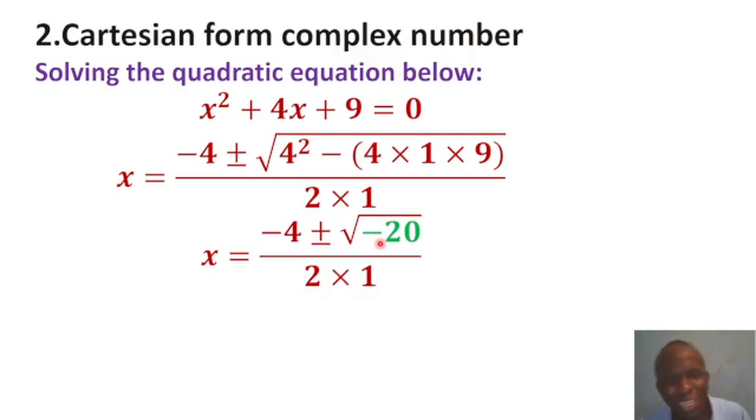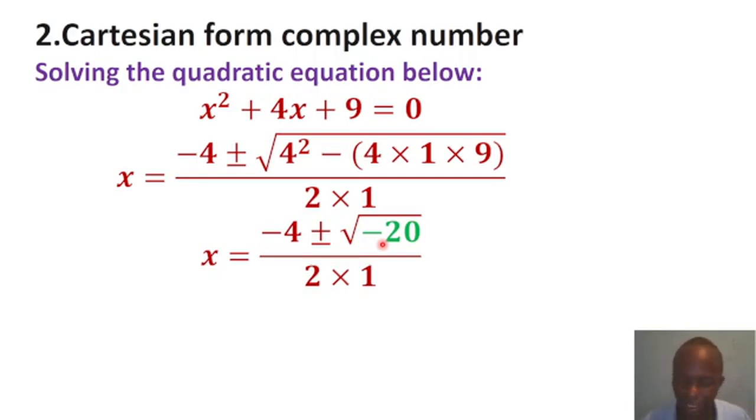If the discriminant is less than 0, in this case the discriminant is negative 20, whatever is just inside the square root is the one we are referring to as the discriminant. Then, if it is less than 0, the solutions to that quadratic equation are not real.